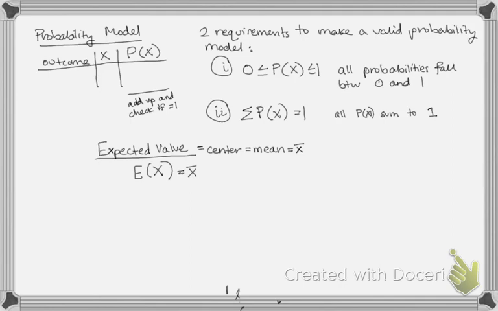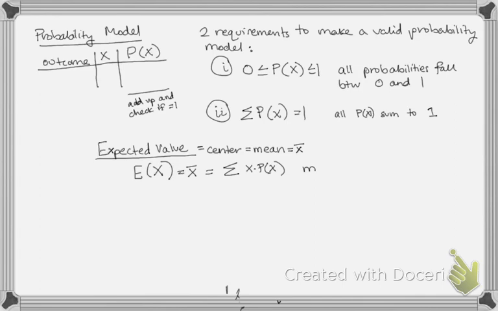This is found relatively straightforward, but the equation looks kind of ugly. So the equation here looks like this. It's the sum of every X times each of the P of X's. And this is kind of ugly looking, right?